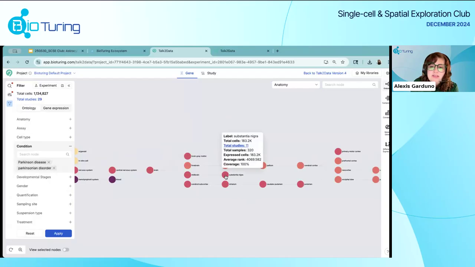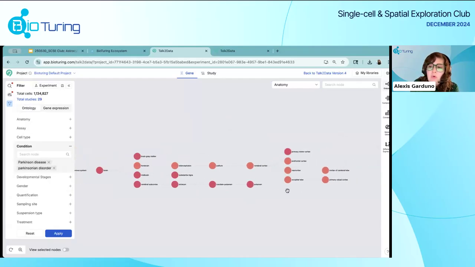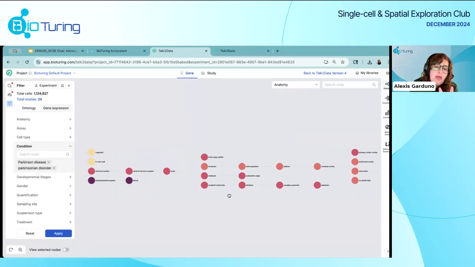So we can see that mainly the substantia nigra is showing this expression of SNCA, as opposed to other regions that might be more like cortex or primary motor cortex or other areas in the forebrain. So this is where you're able to really look at where we can see this expression within the nervous system. So if you're only focusing on different brain regions, this is where you are able to look at that expression.